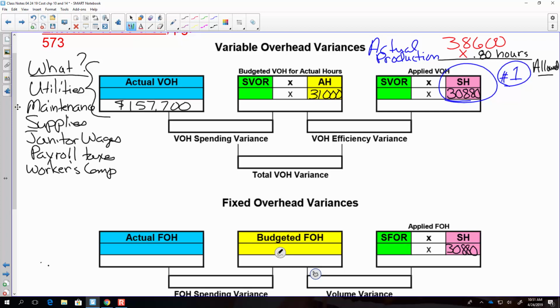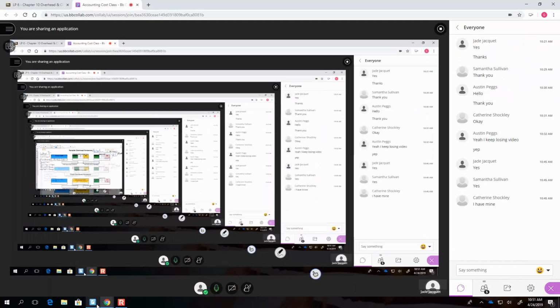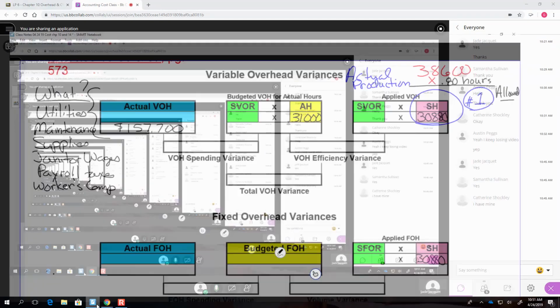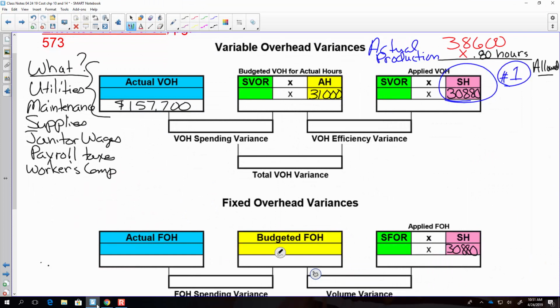31,000. Excellent. So what's my efficiency variance going to be? Austin, are you with us? What's my efficiency variance going to be? If my actual hours were 31,000, my allowed hours are 30,880. Am I going to be efficient, favorable, or unfavorable?